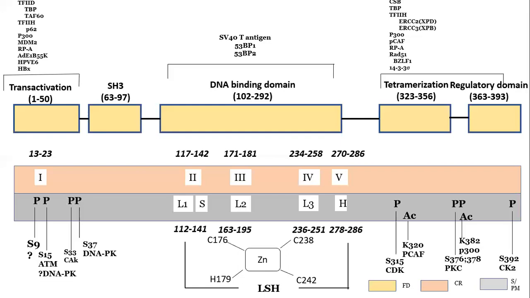And here you can see binding of other proteins like P62, P300. An important protein is MDM2, which itself gets activated by p53 only, and then once MDM2 binds with p53, it causes its degradation. So it is a kind of negative feedback system performed by this protein.